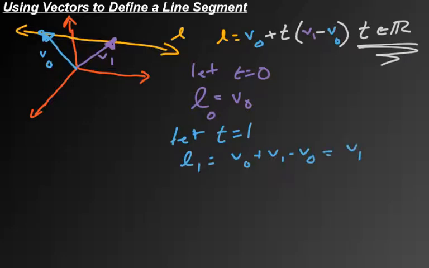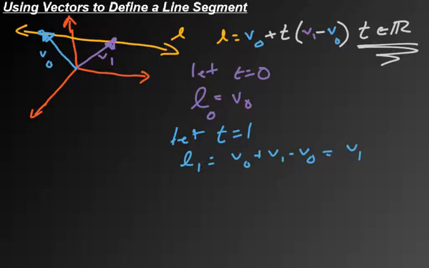And so what this means is that at t equals 0, that's always going to be our starting point. And t equals 1 would get us to this other spot down the line here. And things like t equals 1/2 would be literally a vector right here, in the middle.